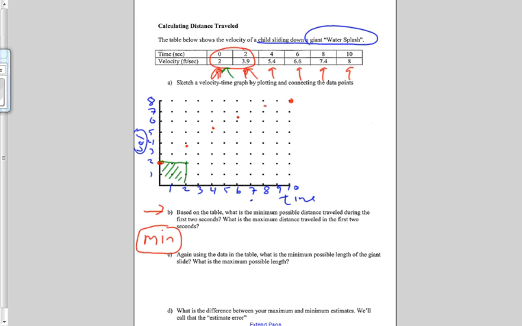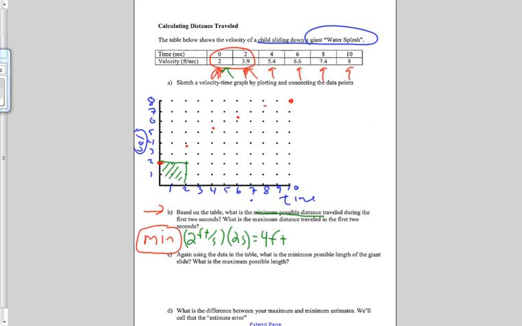So our minimum possible distance would be, and this is the green box, 2 feet per second for 2 seconds, which is 4 feet. That would find the minimum distance.